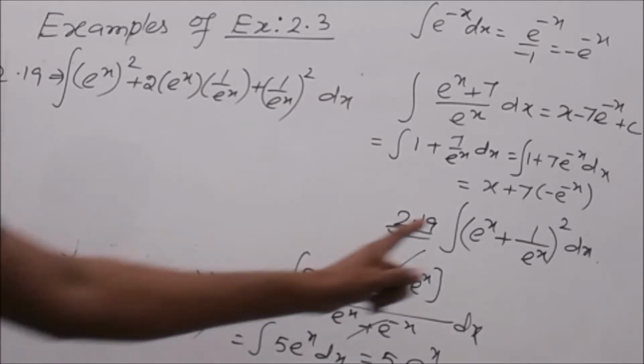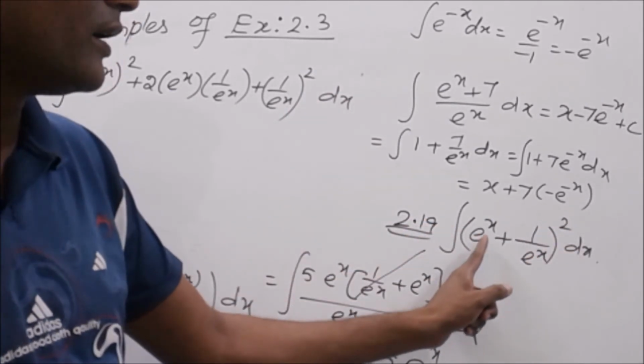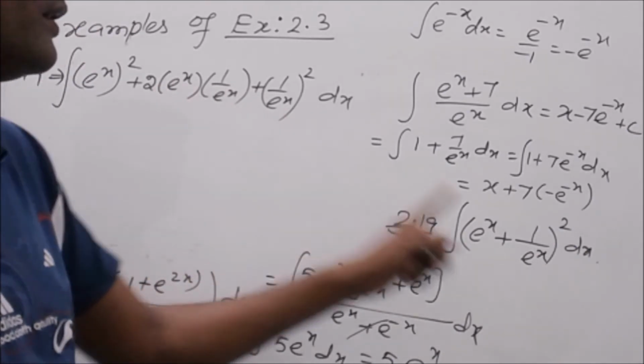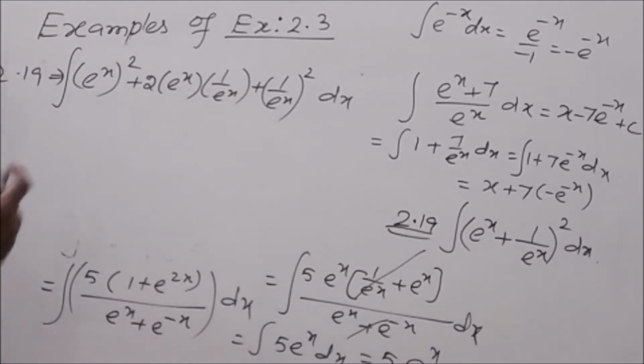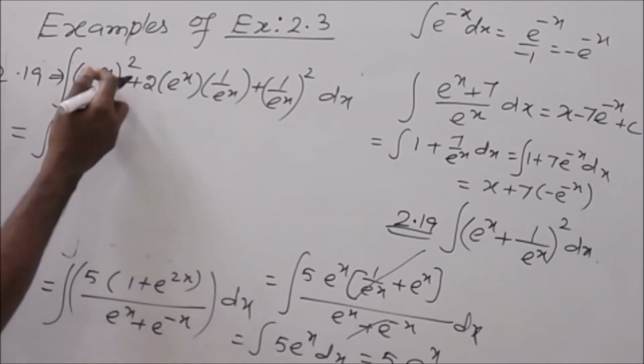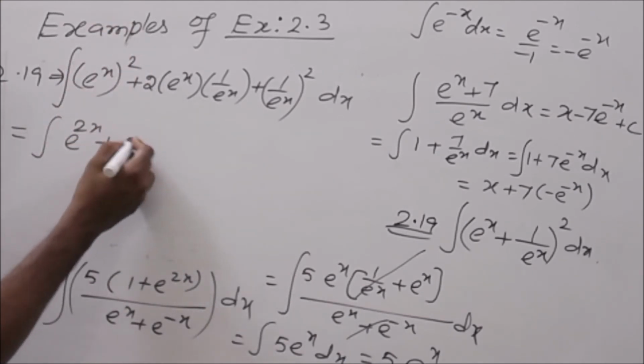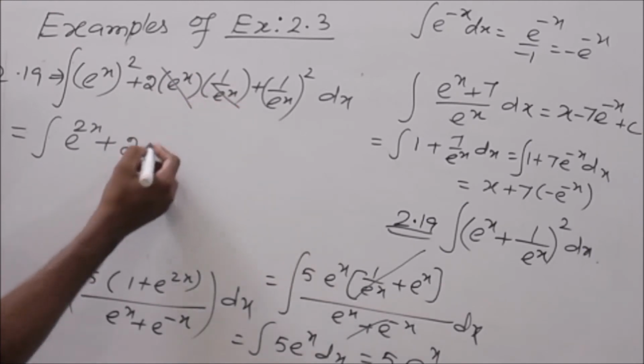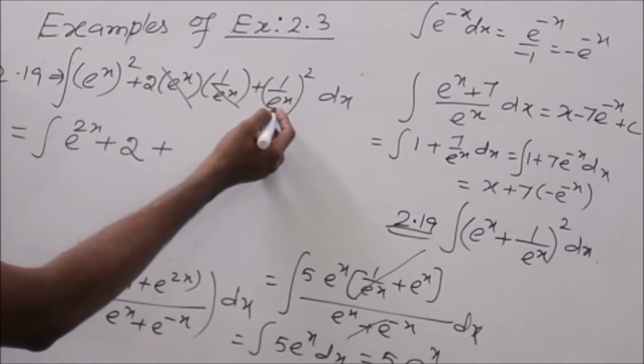So listen here, (a plus b) whole square forms a square plus 2ab plus b square into dx, which is equal to the integral of (e^x) whole square, e^2x. These two get multiplied, then plus 2 into e^x e^-x gets cancelled, plus (1 by e^x) whole square.